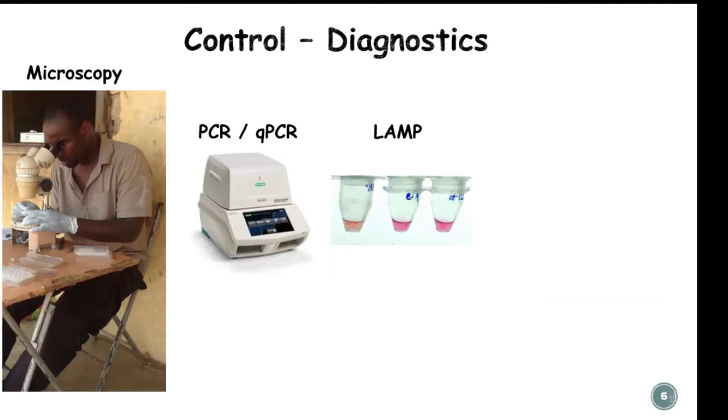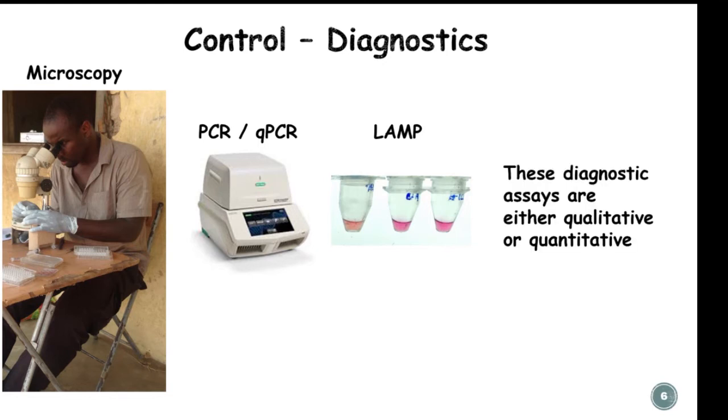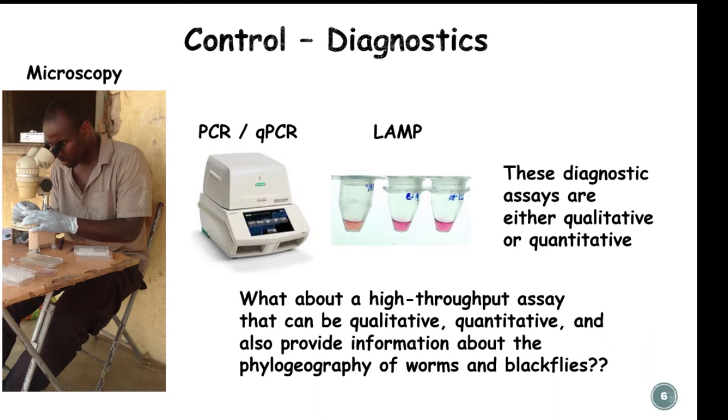In all this, diagnosis is very important in the control of onchocerciasis. There are various forms of diagnosis: microscopy, PCR or qPCR, real-time quantitative PCR, and also LAMP. Let's go to next, please. All these are very important, but these assays are either qualitative or quantitative.